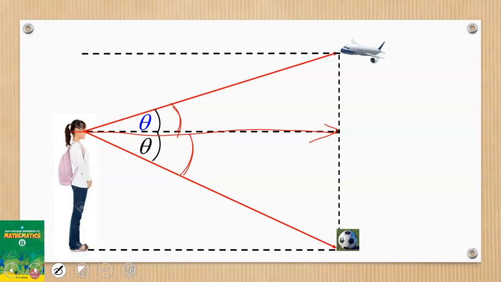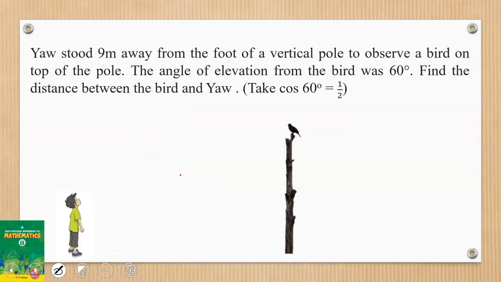Now, let's look at how we can use this in solving questions. Let's say, for example, Yao stood 9 meters away from the foot of a vertical pole. You can see a vertical pole here. He stood 9 meters away, which means the distance between him and the pole is 9 meters, to observe a bird on top of the pole.